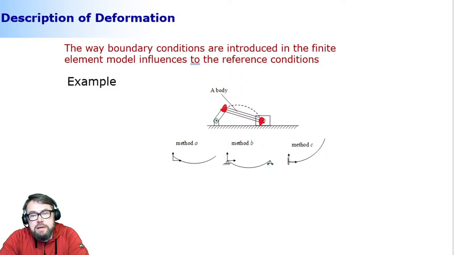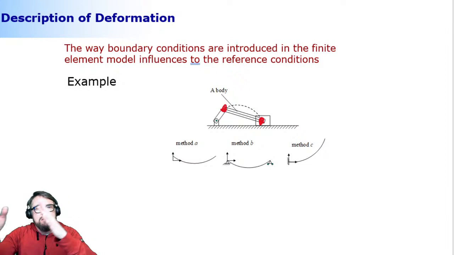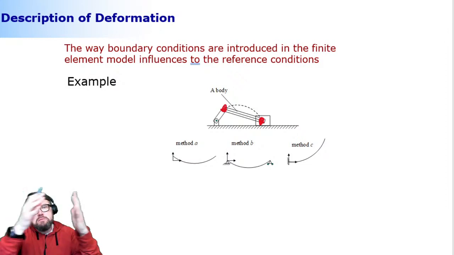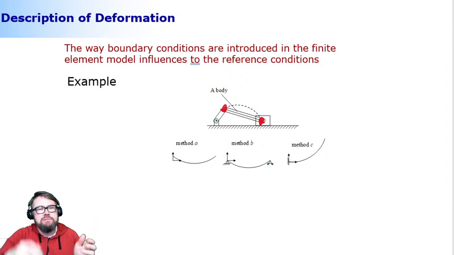The options are, first of all, you don't attach your finite element model to ground, but leave it as a floating body, a body that can go left and right, up and down in space. It can rotate, so it can have this rigid body mode. That's option A. Option B is that you introduce a simply supported beam boundary condition.